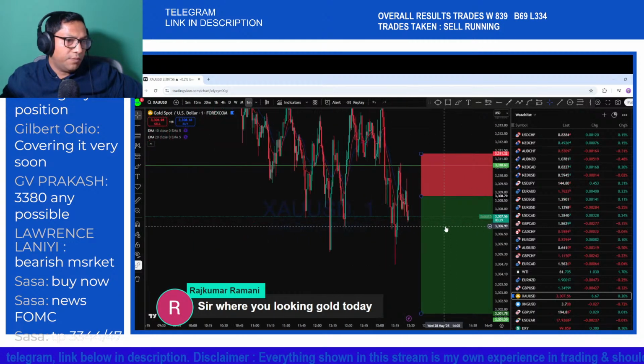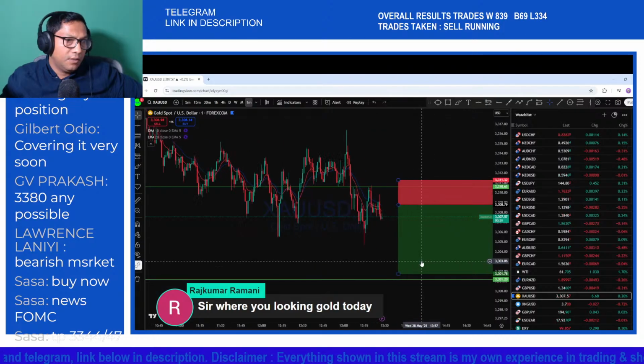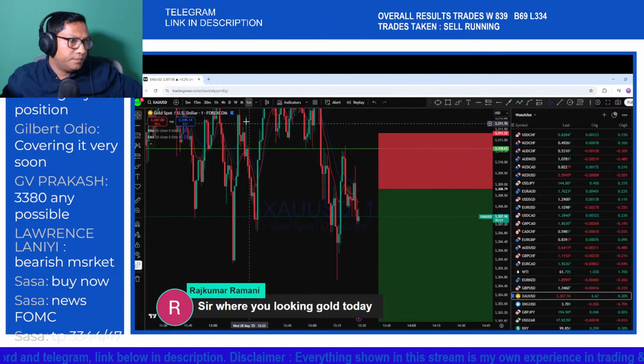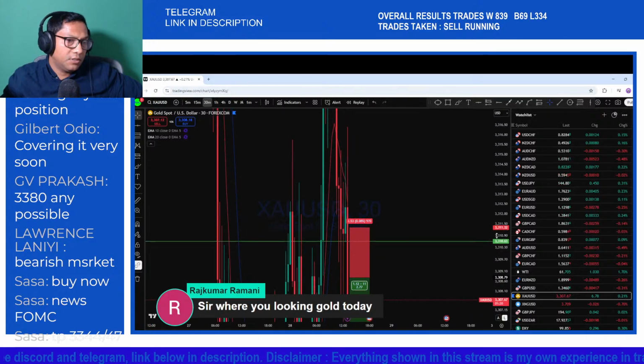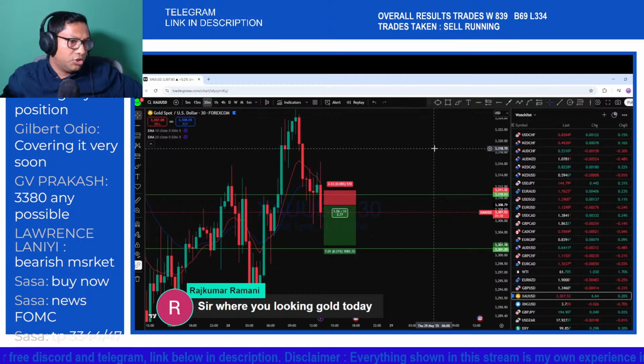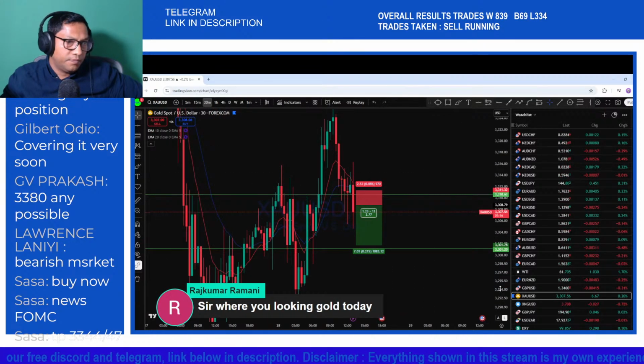So here on the 1 minute price action that we can see, if you look at the 30 minutes, a sharply falling market.